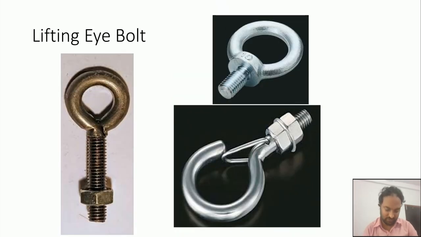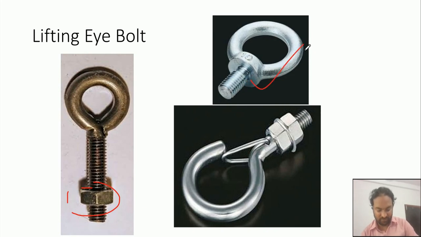You see the parts are held together, and at the end a nut is used. Otherwise, without a nut this can also be used. And this part is threaded, inserted and locked inside an already drilled hole.